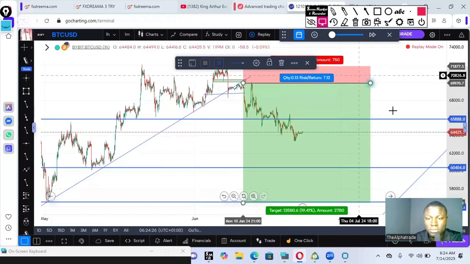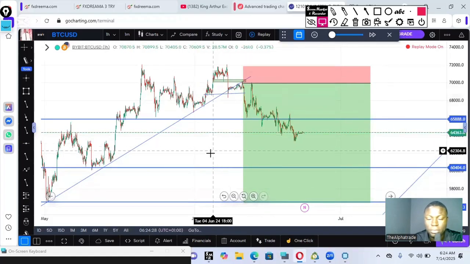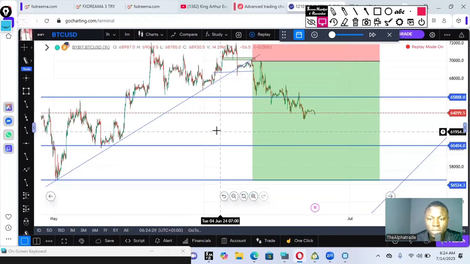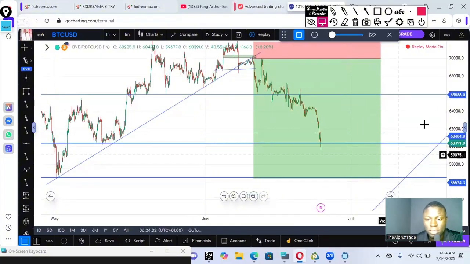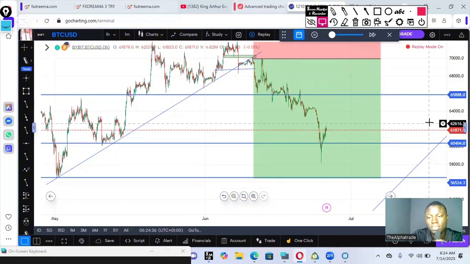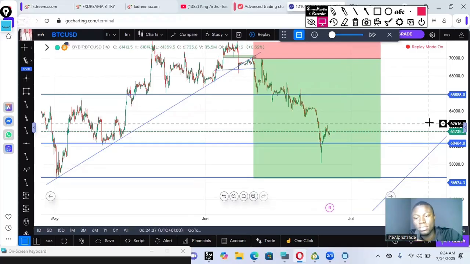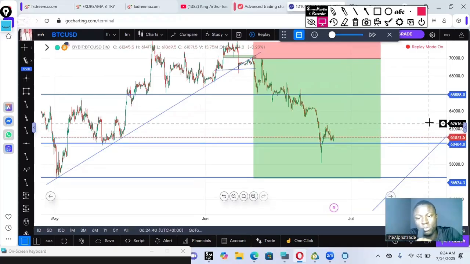First TP has been smashed, and then price is now dilly-dallying on the way. Okay, it's now going down. Oh, second TP smashed. Now you bring your stop loss to your first TP.